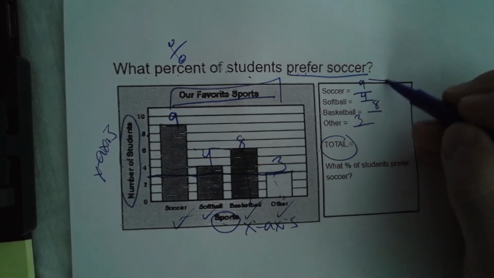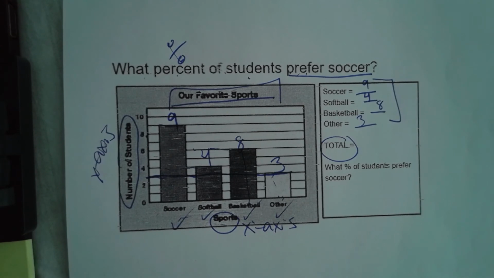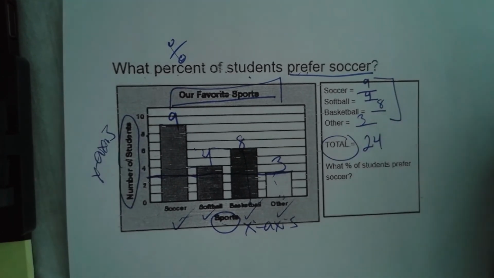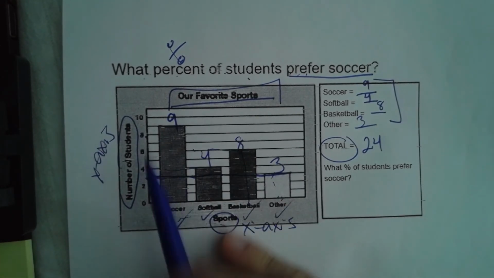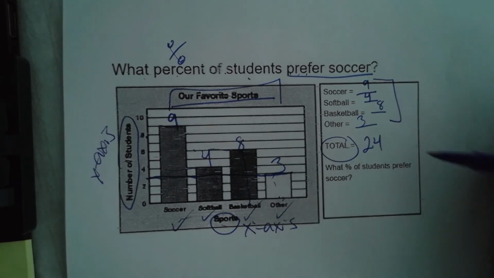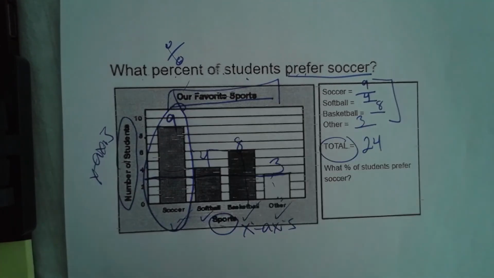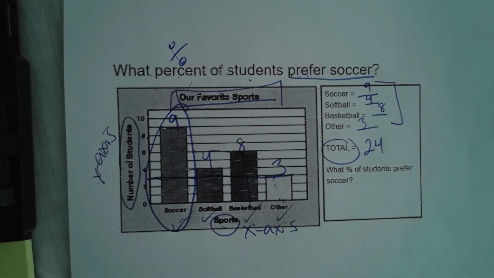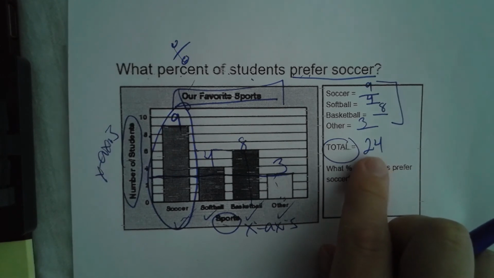So I need to add these numbers up. 9 plus 4 plus 8 plus 3 means 24, okay? That means in this survey there's 24 responses total. Now I have enough information to figure out what percent likes soccer. So 9 out of 24 people like soccer.